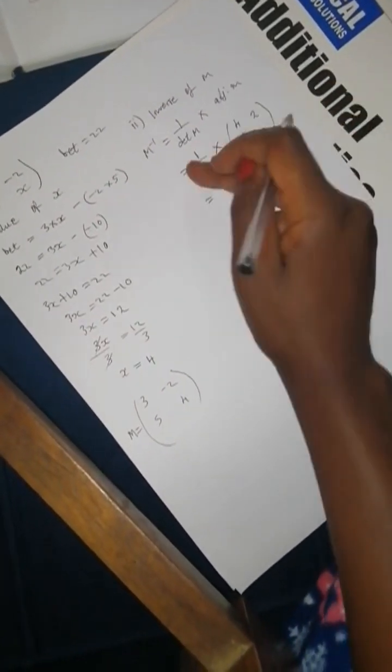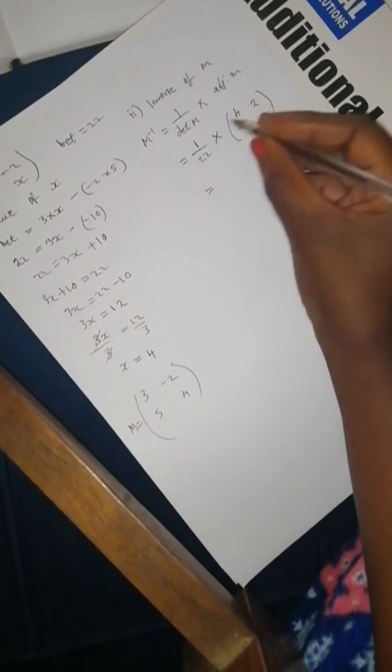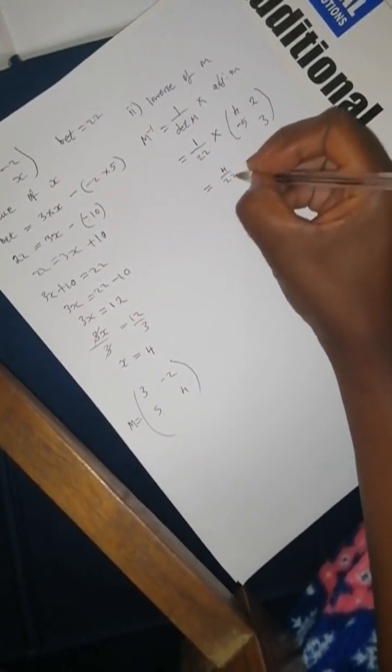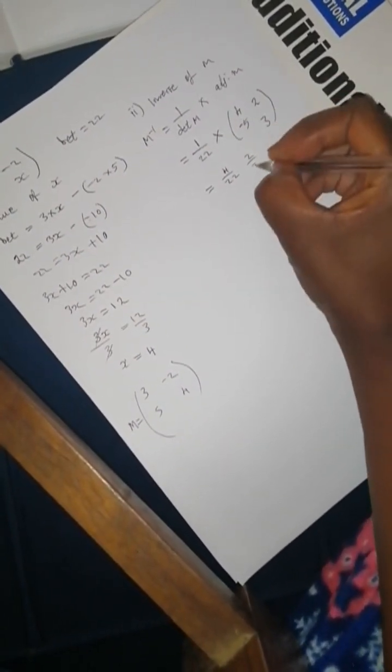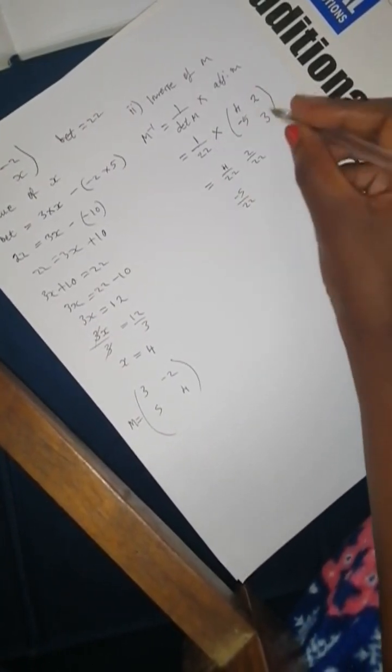So that's our adjoint. Then we multiply 1 over 22 by everything in the adjoint of M. So we'll have 1 times 4 over 22, 2 over 22, -5 over 22, 3 over 22.